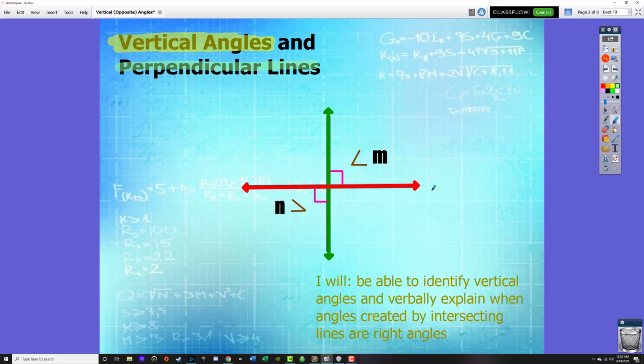And then I also would like for you to be able to explain when the angles created by these two lines that intersect are going to be right angles, or angles that are equal to exactly 90 degrees, and that has to do with lines that are perpendicular. So we will get to all of this in just a moment, but those are the goals for today's video.